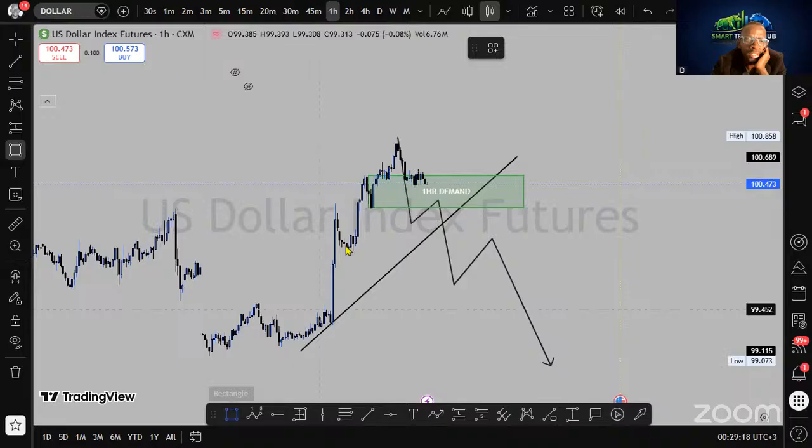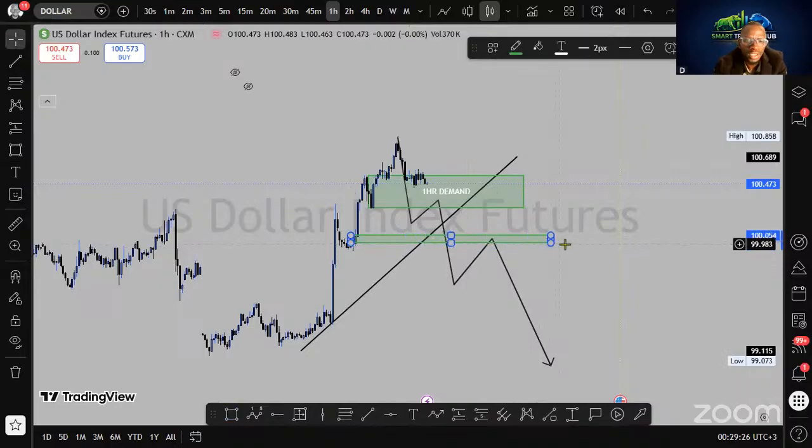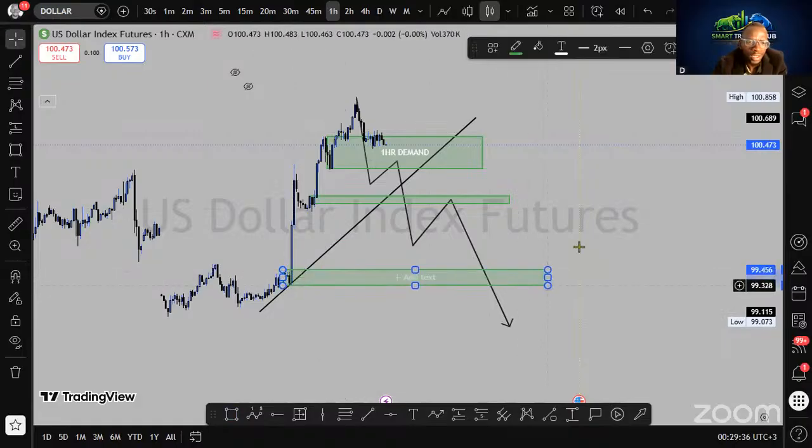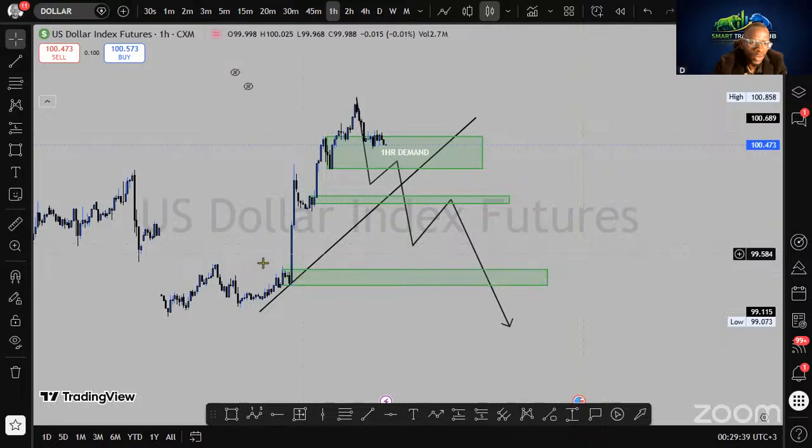I just mark it roughly, so that another area. You can actually see how my lines are aligning automatically, and I was just doing it randomly. Another demand area is down here. And the reason why I'm saying this here is because of this fair value gap.